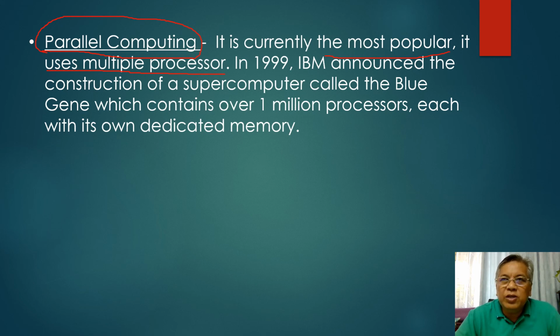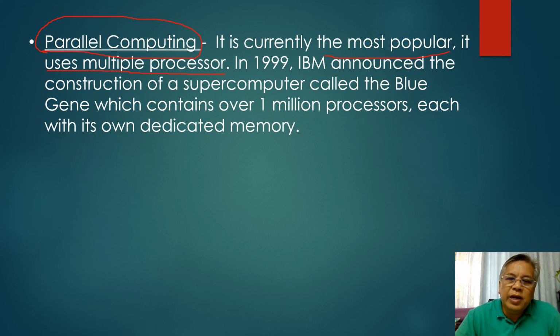For example, if you have an octa-core computer processor or cell phone, that means it uses 8 processors, so we call it multiple processors. If you have 10 cores, it uses 10 processors and so on. So that is parallel computing. Instead of using one processor, just like the von Neumann architecture, now we are using multiple processors.